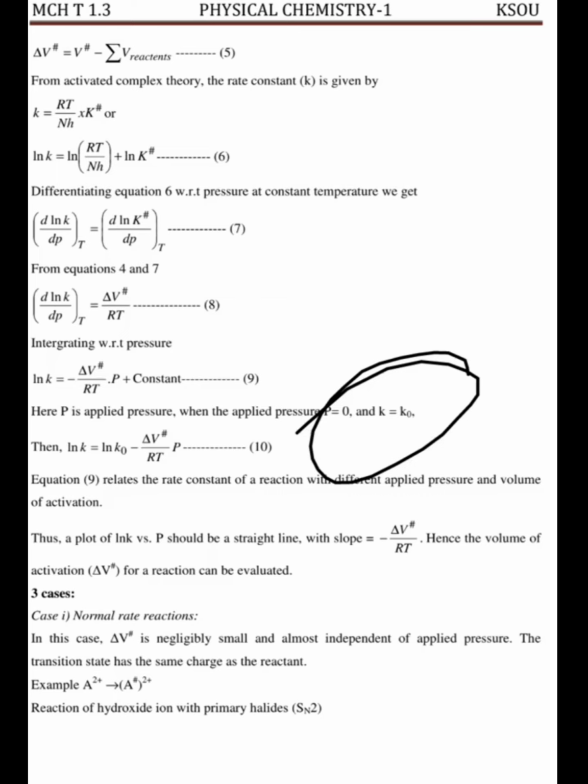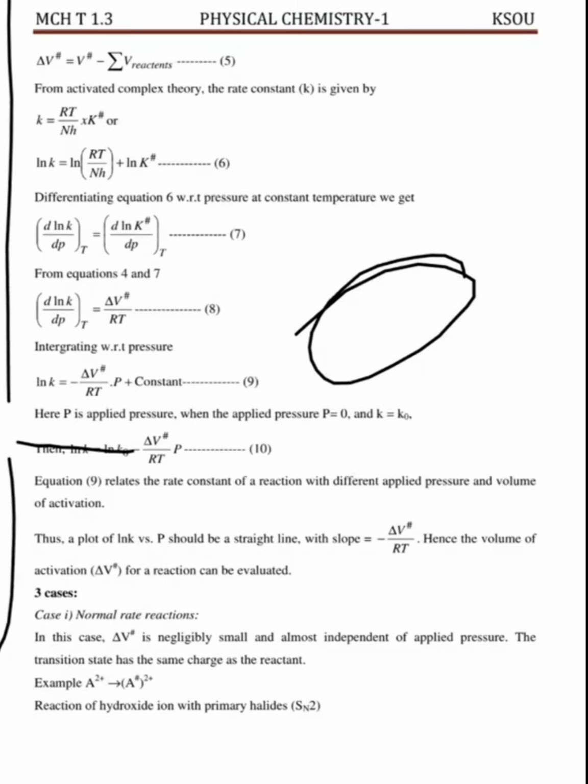So three cases are there. First, the normal rate. In this case, delta V double dagger is negligible and small, and almost independent of the applied pressure. Here they have taken an example of a 2 plus intermediate, with hydroxide ion and primary halides, that is an SN2 reaction.